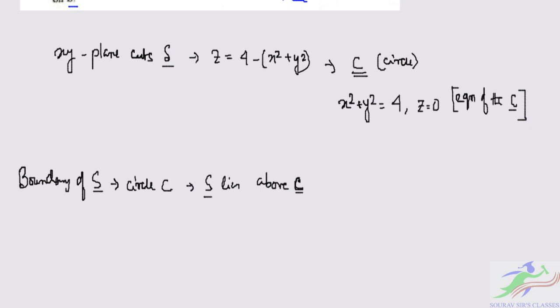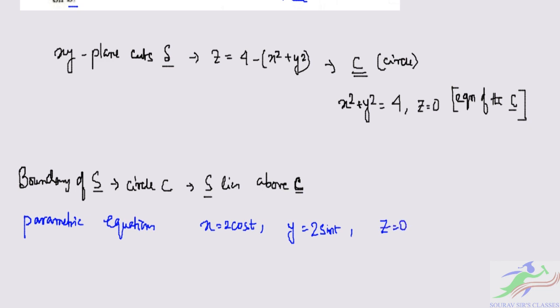So let us take the parametric equations of the curve C as x equal to 2 cos t, y equal to 2 sin t, and z equal to 0, with 0 less than or equal to t less than or equal to 2 pi.